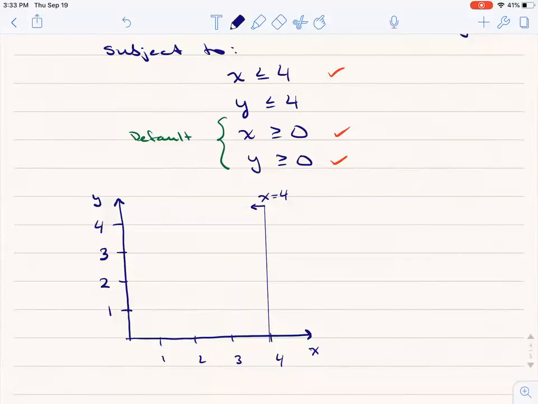And so if I draw a line at y equals 4, again, I need y is less than or equal to 4, right? And so everything y less than or equal to 4 is good. And so I'm going to put a little arrow here just to remind myself that this is all what I can work with. Okay.